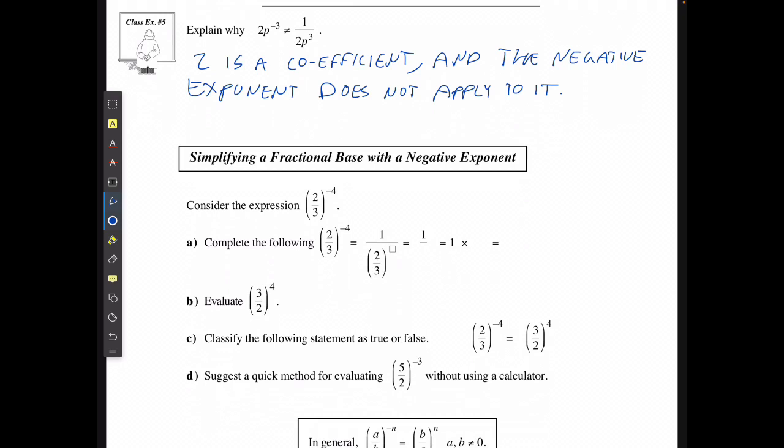So if I took 1 and I was dividing it by (2 over 3) to the power of positive 4, or when I actually divide this out, 2 to the power of 4 gives me 16, and 3 to the power of 4 gives me 81. When I divide by a fraction, it's the same as multiplying by the reciprocal.